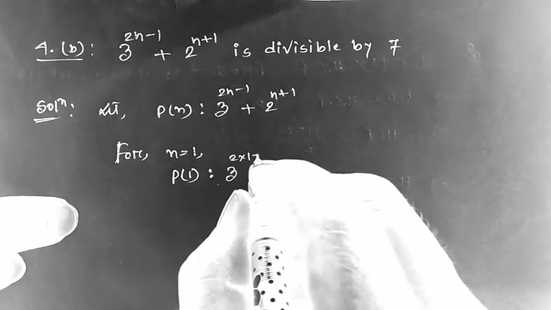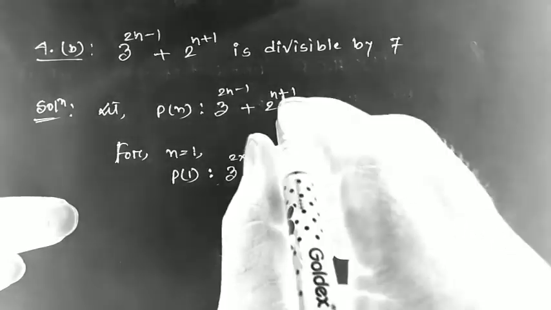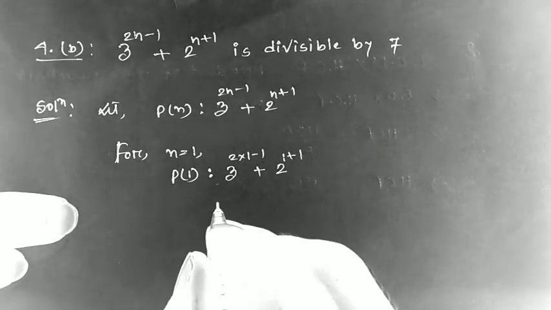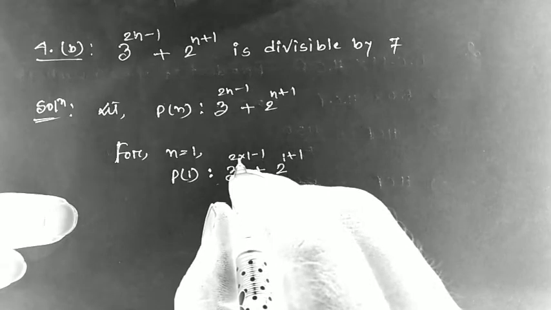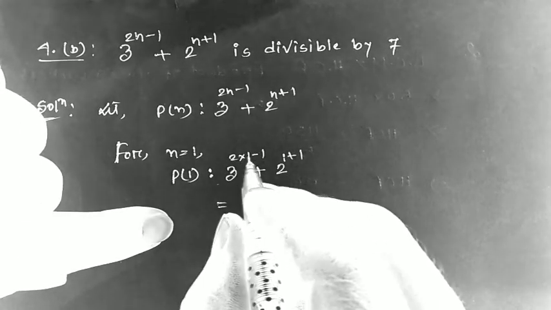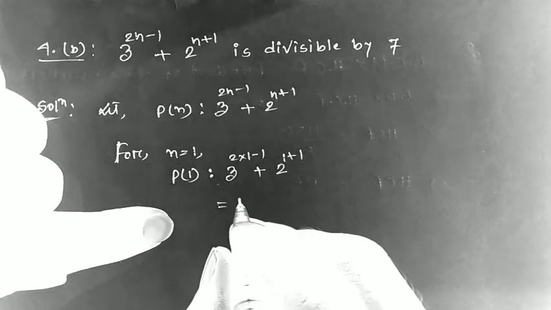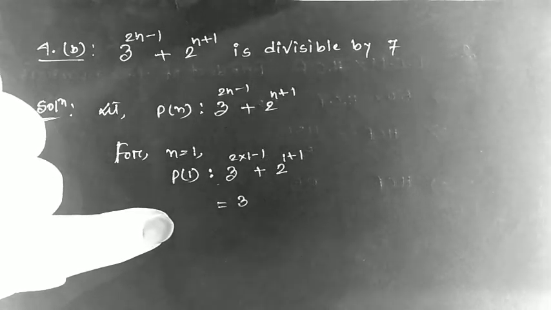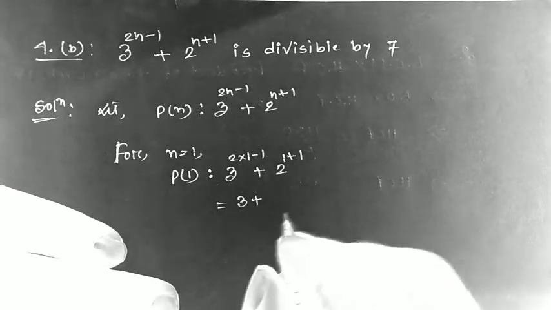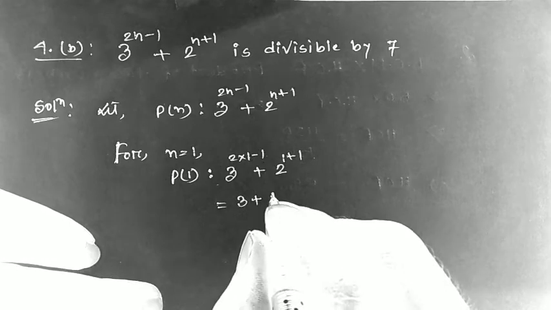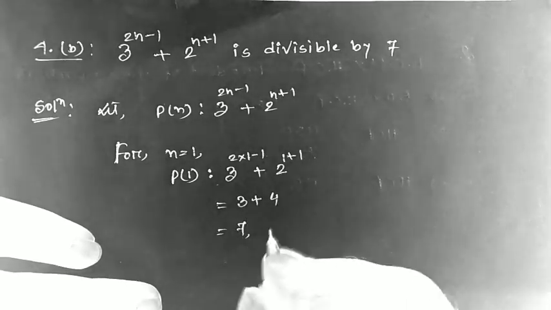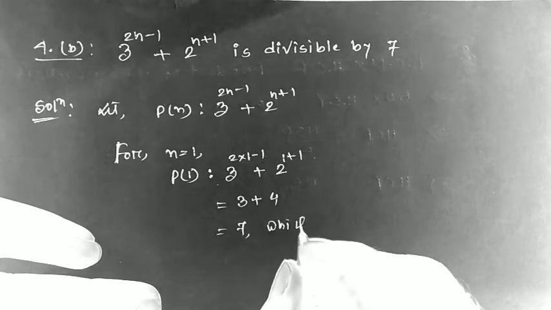For n is equal to 1, P1 is 3 to the power 2 into 1 minus 1 plus 2 to the power 1 plus 1. So the value is 3 to the power 2 into 1 minus 1, that means 3, plus 2 to the 1 plus 1, that means 2 square, 2 square means 4, which is equal to 7, and we know that 7 is divisible by 7, that means P1 is true.